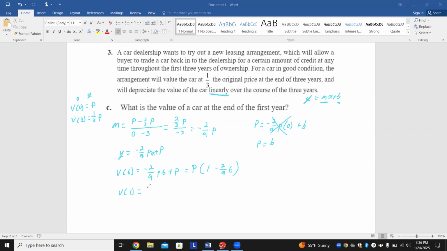In this case, this would be P times 1 minus 2 ninths times 1. So this would be P times, what was that, 7 ninths? So whatever the value of the car is, it'll be worth 7 ninths of its original value. And so that's what they're looking for right there.